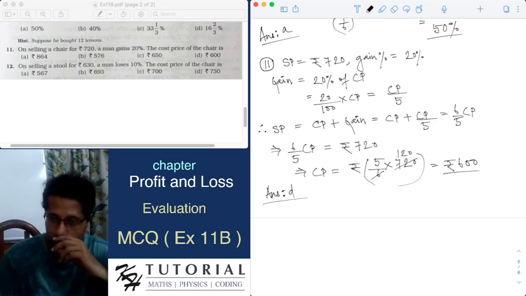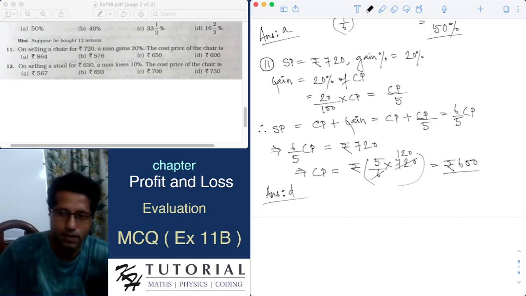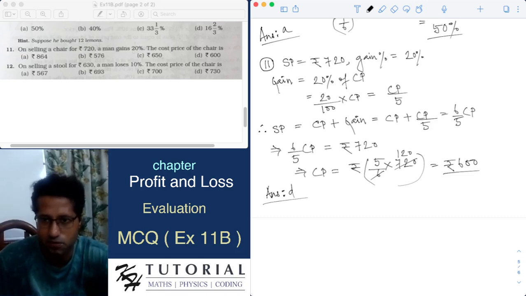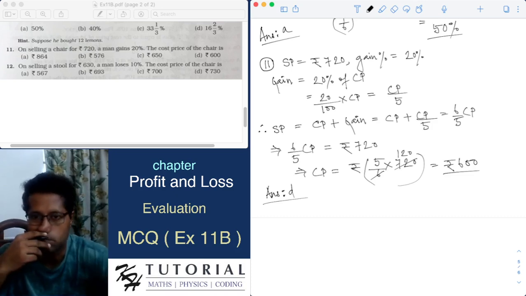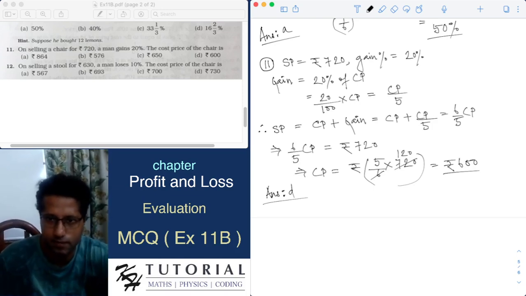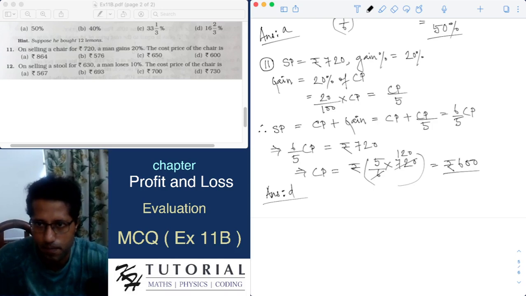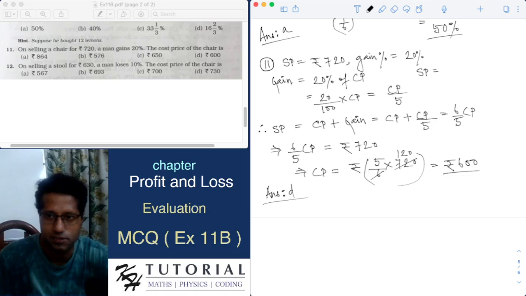Another way of doing, from the gain percent, you know the formula between SP, CP and gain or gain percent. I first found the gain. Now, instead of finding the gain, I could have directly computed SP from the fact that there is a gain of 20%.